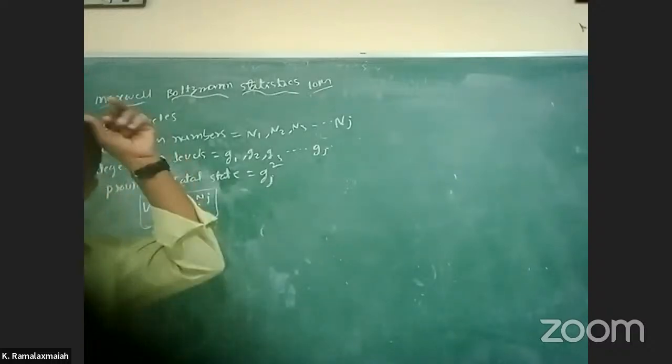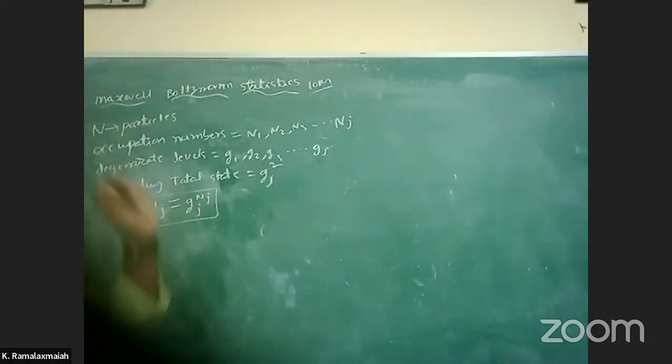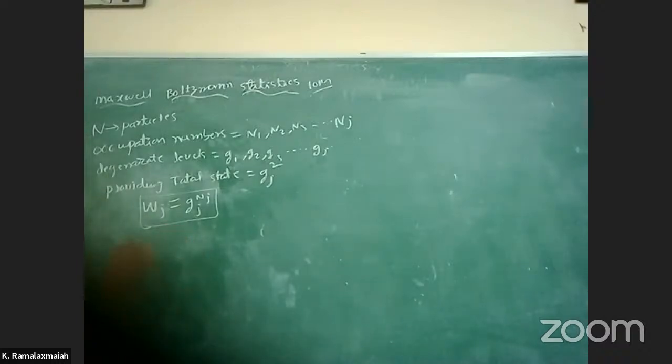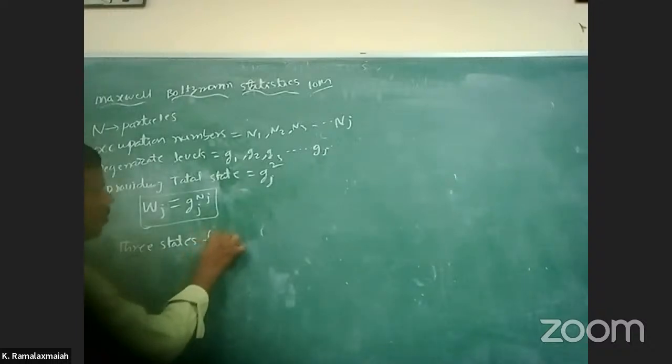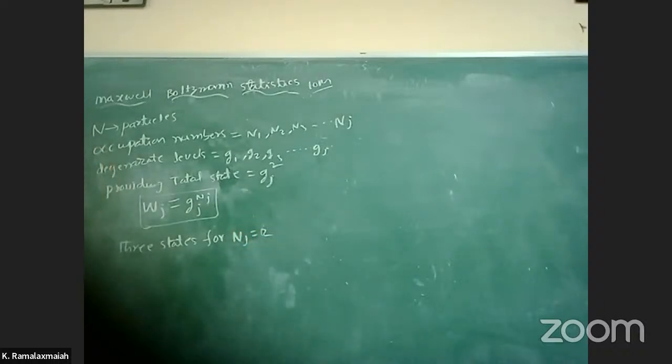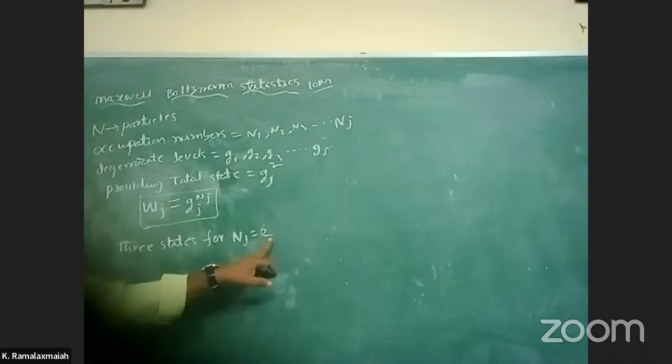Let us take an example of three states, with nj equal to 2, that is two particles.